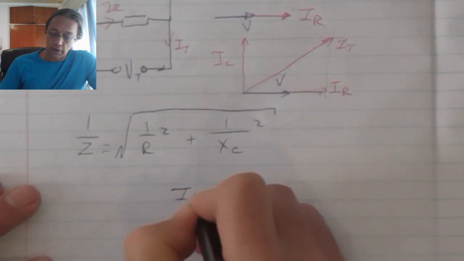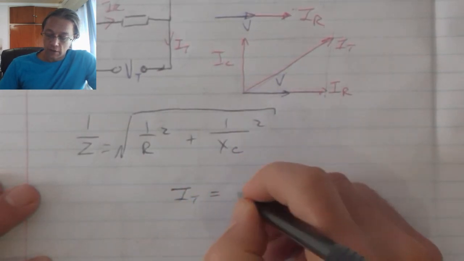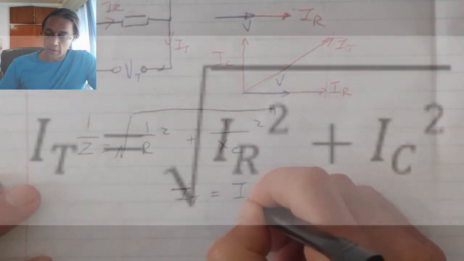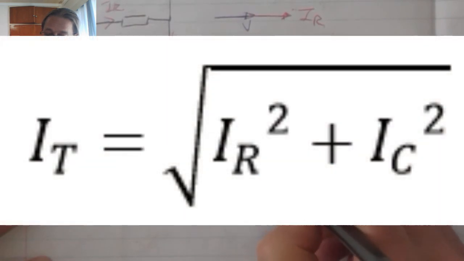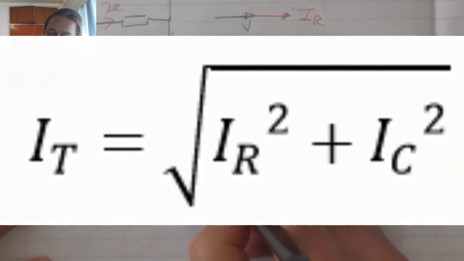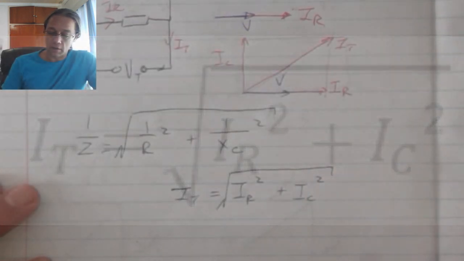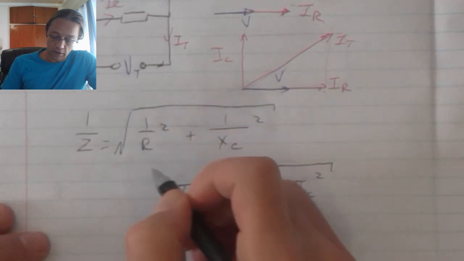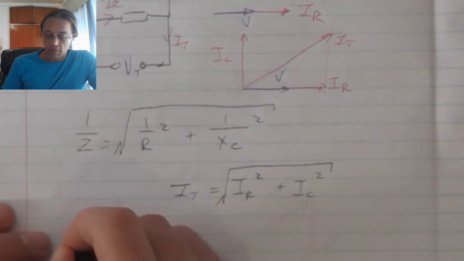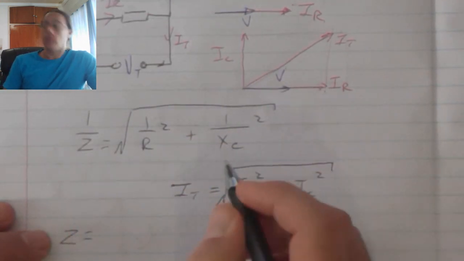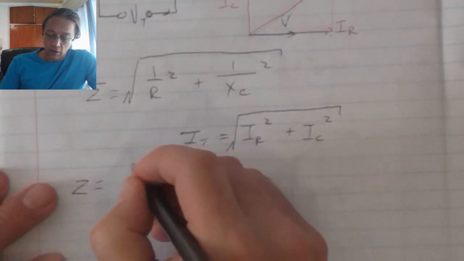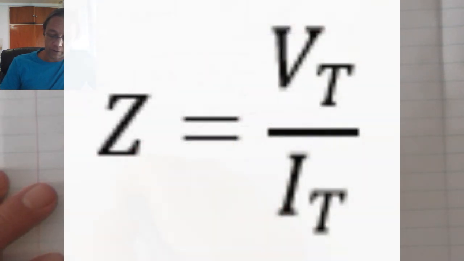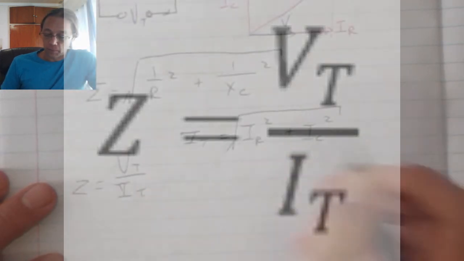Total current, I total, is equal to the square root of resistor current squared plus the capacitor current squared, and then all of that rooted. But again, like we had with the inductor, calculating the impedance is always easier just using Ohm's law, total voltage divided by total current.